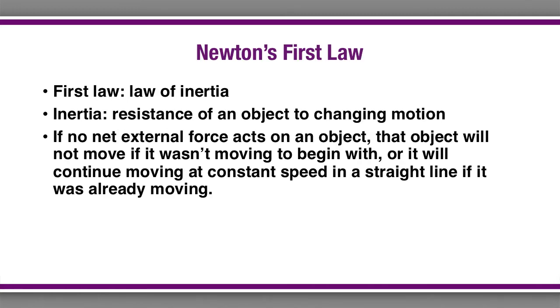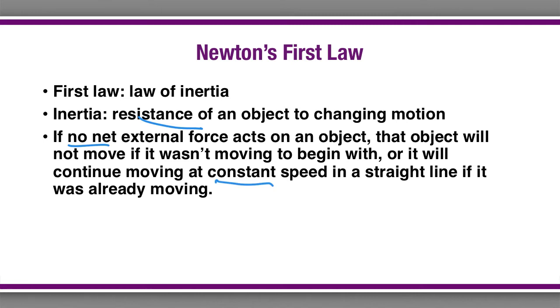Newton's first law of motion is the law of inertia, and inertia is resistance of an object to changing motion. So if there are no net external forces acting on an object, that object will not move, or it will stay at rest, or it will continue moving at a constant speed in a straight line if it was already moving.